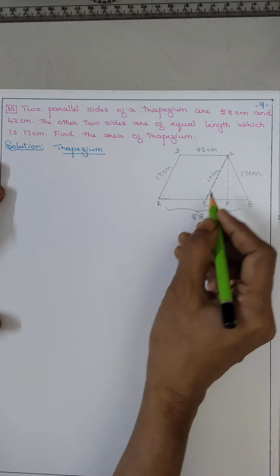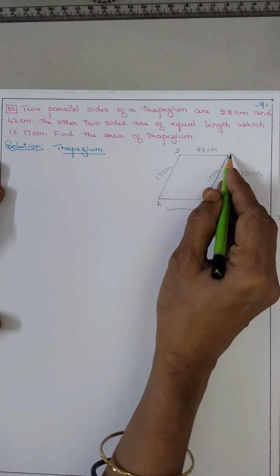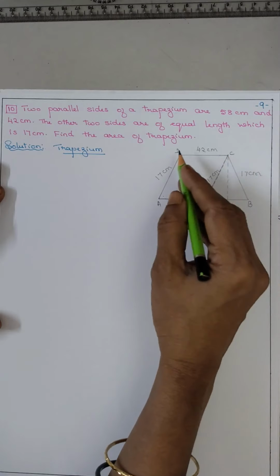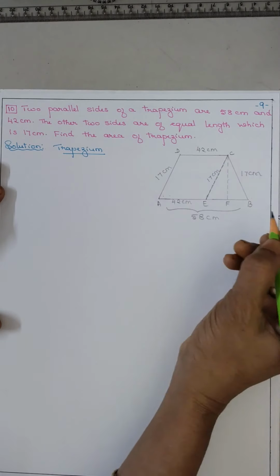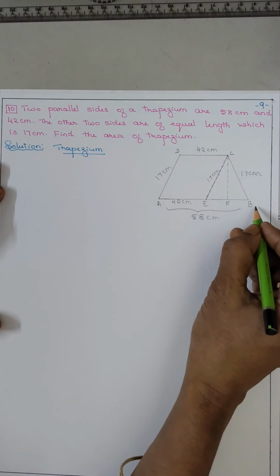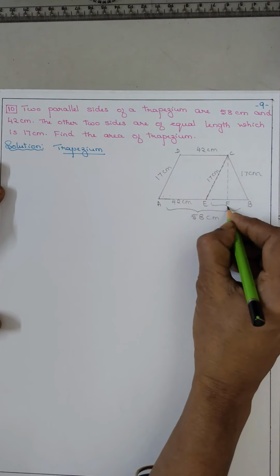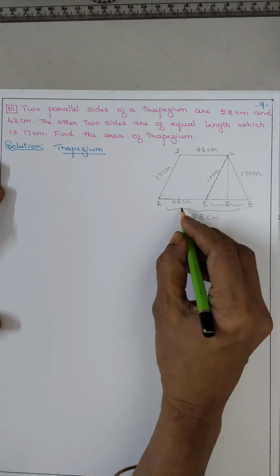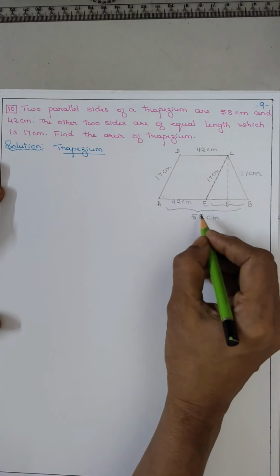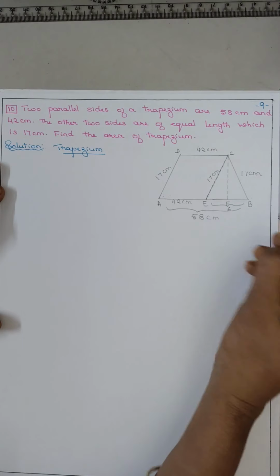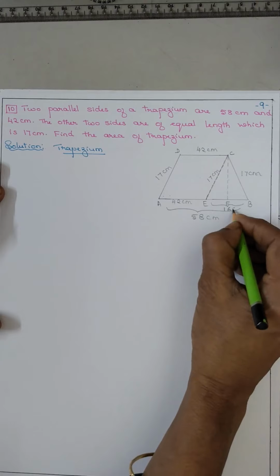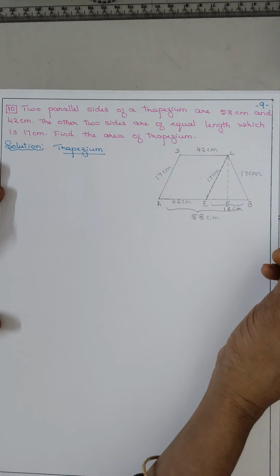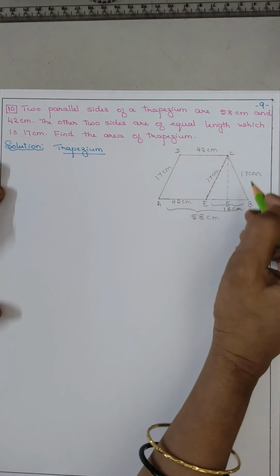So AE will be equal to DC, that or CD, that is 42 centimeter. So EB will be how much? EB will be 58 minus 42. 8 minus 2 is 6 and 5 minus 4 is 1. You got 16 centimeter.